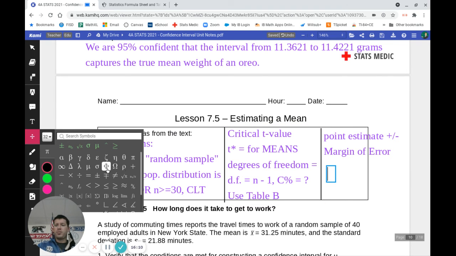So in this case, it's going to be our x bar plus or minus that critical t value, so t sub c, times the new standard deviation that we found based on our distribution, divided by the square root of n, our sample size.